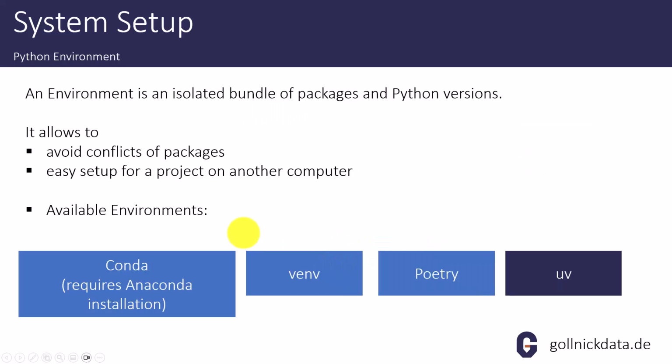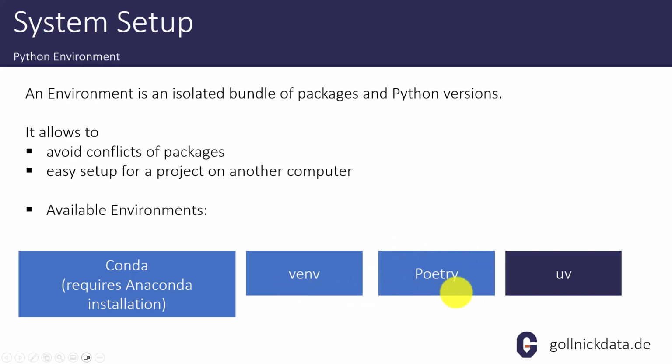Good. The next question is then naturally, how do we do that? What different ways are there to create such an environment? There are different packages for that purpose. I'm just going to name some. There is, for example, Conda, which requires some installation of Anaconda. Then there is Venv, that's still very popular and a very simple and good environment framework.